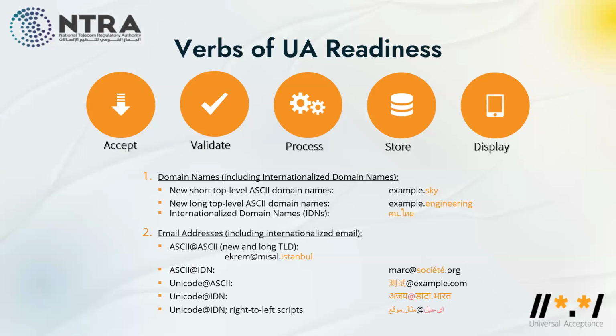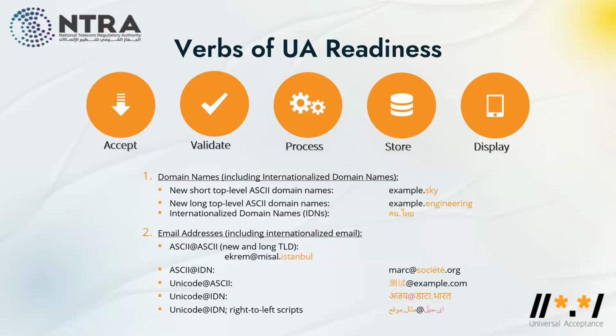The new long top-level ASCII domain names like .engineering, .africa, .istanbul, .abu dhabi, and the internationalized domain names like Arabic domain names or Chinese domain names or Russian domain names, something like that. And for email address internationalization, we have different themes: ASCII at ASCII, ASCII at IDN, Unicode at ASCII, Unicode at IDN, Unicode at IDN for Arabic script.